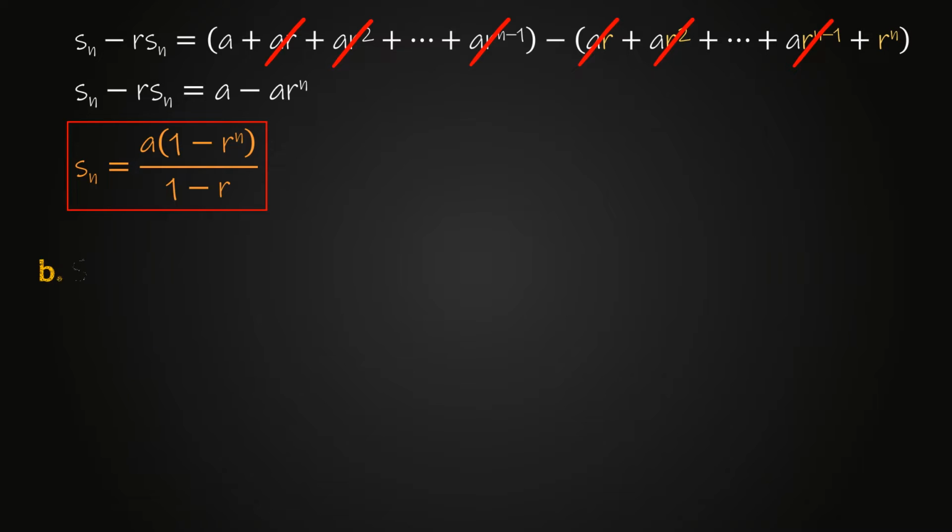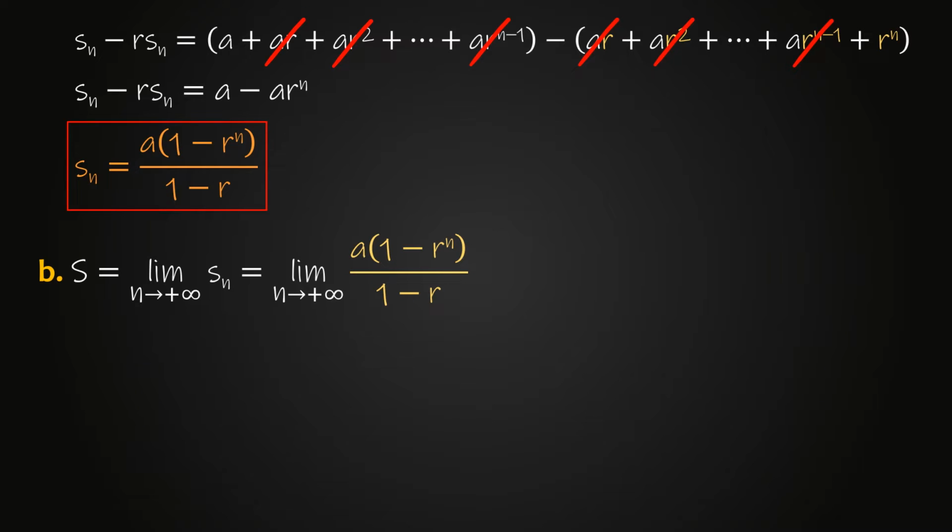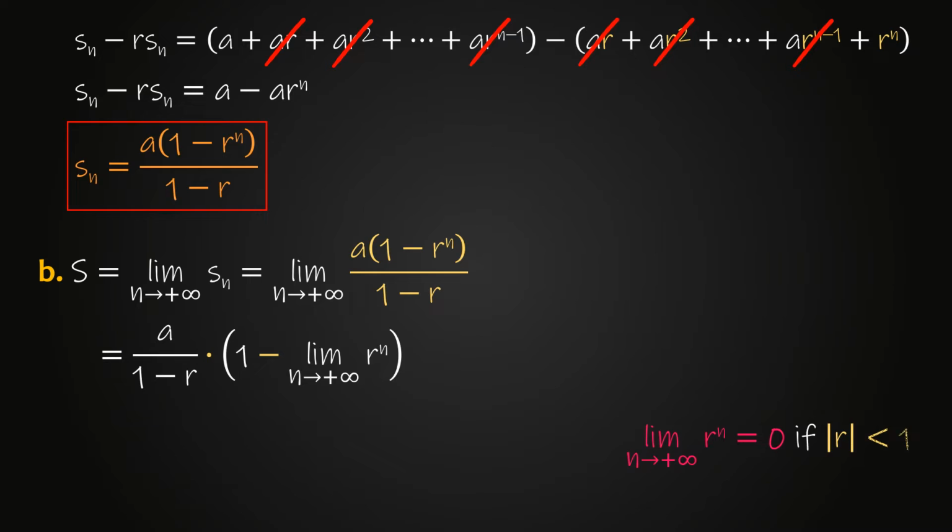B. The sum of the series is the limit of the partial sums. Apply properties of limits of a sequence. Recall that an exponential sequence converges to 0 if the absolute value of the base is less than 1.